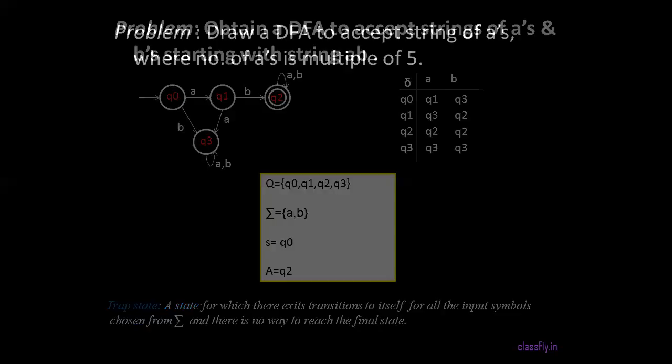Now let us go to our next problem, which states: draw a DFA to accept strings of A's where the number of A's is a multiple of 5. So Q0, Q1, Q2, Q3, Q4 are the states. As the problem states, there should be A's in multiples of 5.